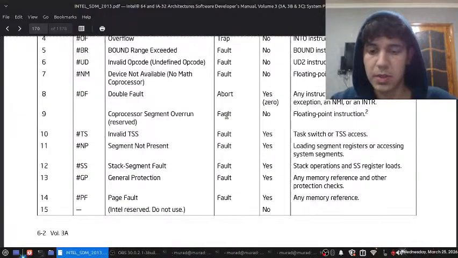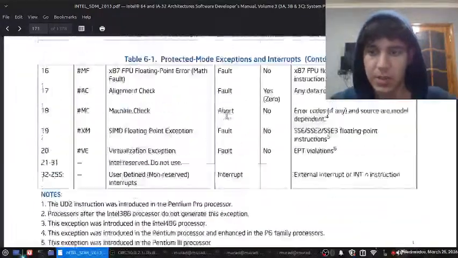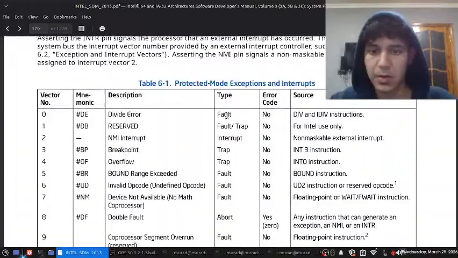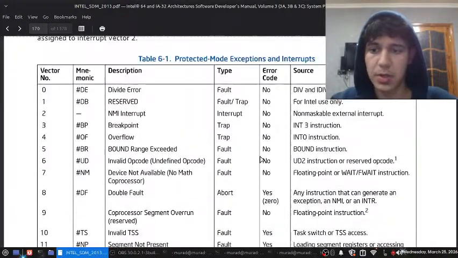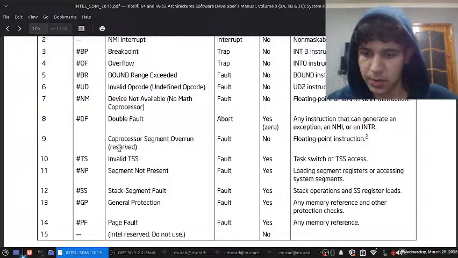It gives numbers to interrupts and tells the CPU which interrupt has been fired.